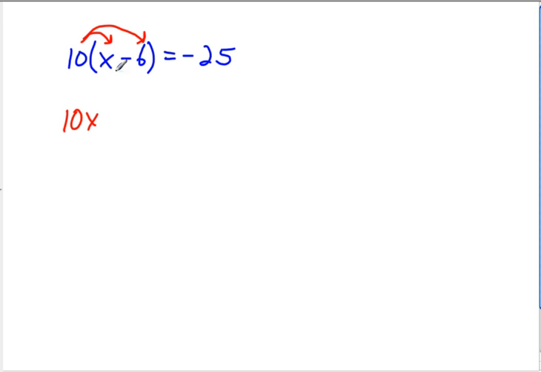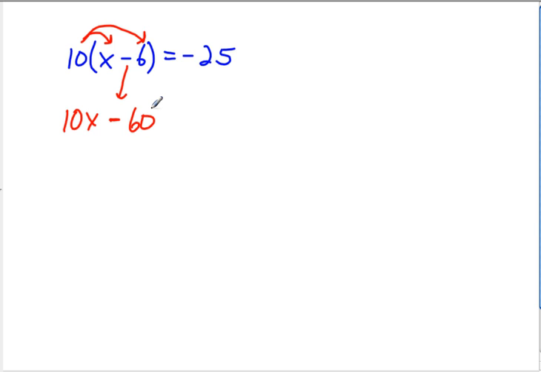Now some of you are getting confused because you don't know whether to subtract or add what's going on when we have this negative here. So there's two ways you can think about it. We can just bring the negative down and forget about it, and then just do 10 times 6 is 60.